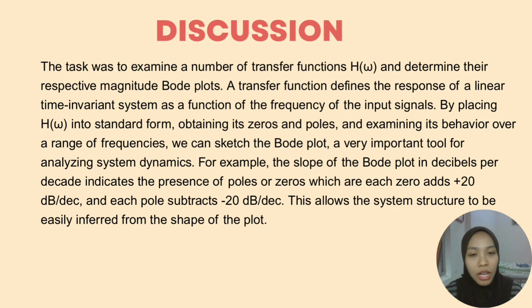For example, the slope of the Bode plot in decibels per decade indicates the presence of poles and zeros, where each zero adds 20 dB per decade and each pole subtracts 20 dB per decade. This allows the system structure to be easily inferred from the shape of the plot.